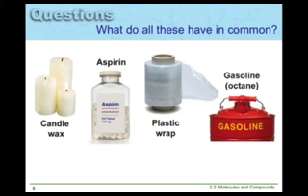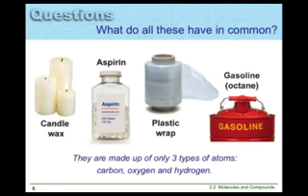Now let's take a look at these things. What do you think all these things have in common? To be sure, when we look at gasoline, I just want to focus on one thing there called octane. If we do that, then they all have something in common. They're made up of only three types of atoms: carbon, oxygen, and hydrogen.